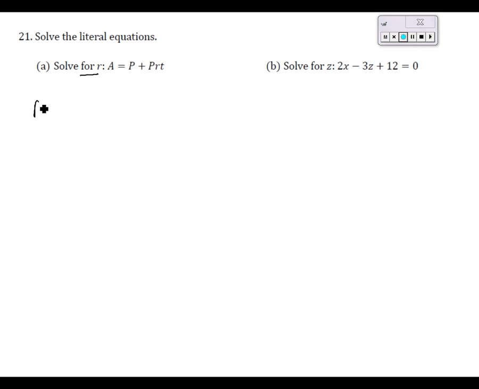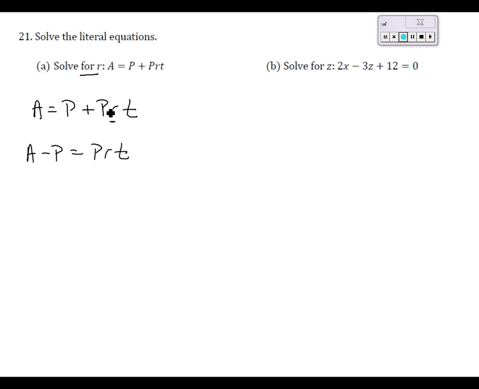So if a equals p plus prt, you want to move this p to the other side. So a minus p is equal to prt. And notice the reason I subtracted p was because it was being added. Now I want to solve for r, this guy right here.